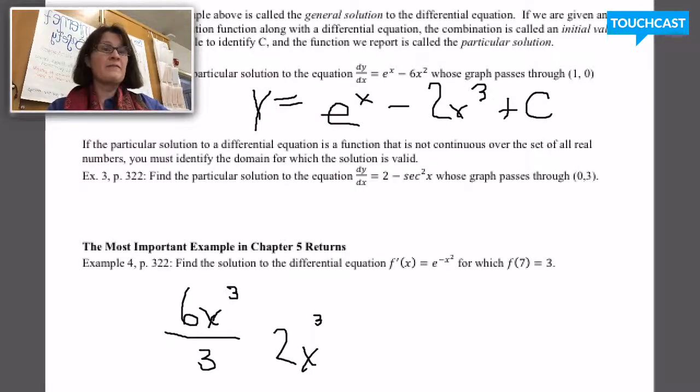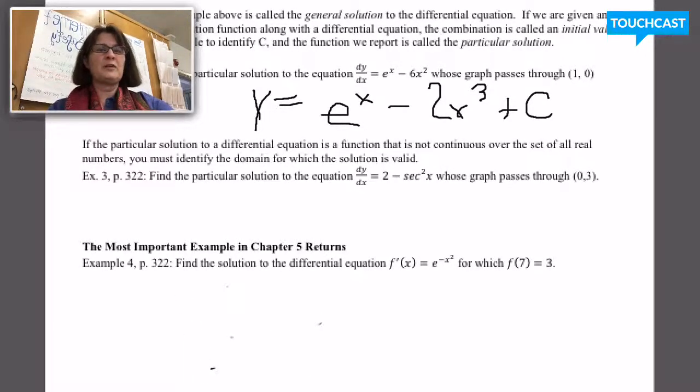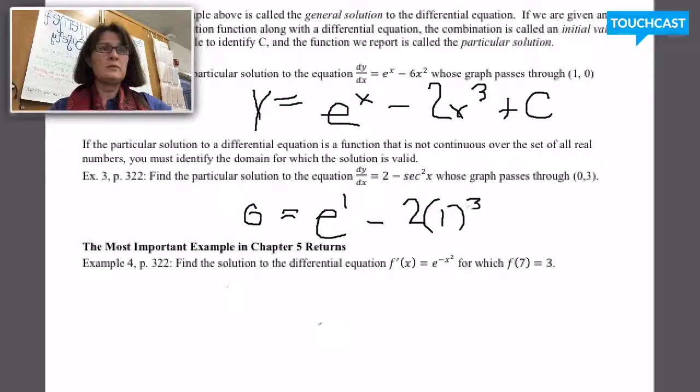Now we're going to stop and figure out what c is because we have enough information to do that. So I'm trying to figure out what c is, and I have this ordered pair. I know that when x is 1, y is supposed to be 0. So I'm going to plug in 0 for y. e to the 1 minus 2 times, I'm plugging in 1 for x.